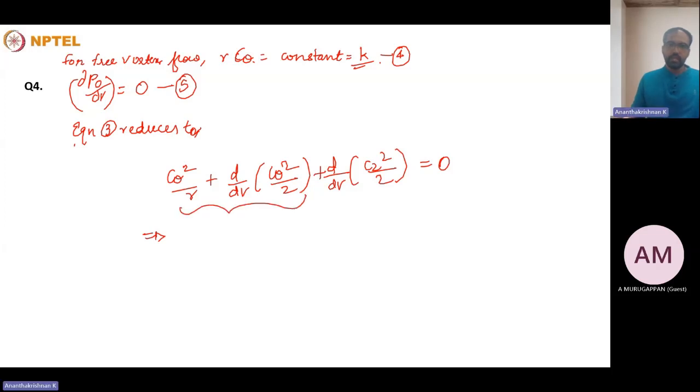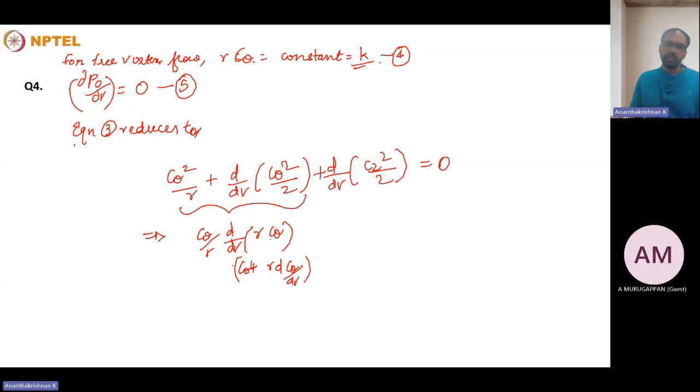This particular term, c theta squared divided by r plus d by dr of c theta squared by 2, can be simplified as c theta by r into d by dr of r c theta. When we differentiate r c theta with respect to r, we will be getting c theta plus r d c theta divided by dr.